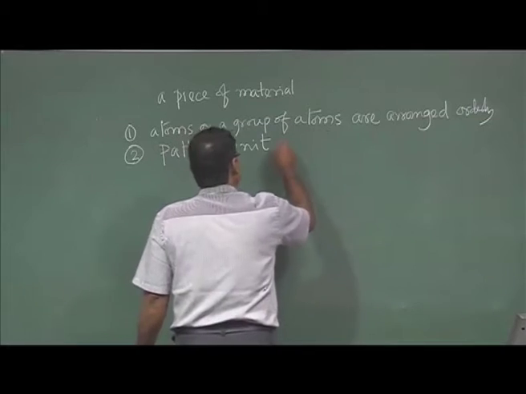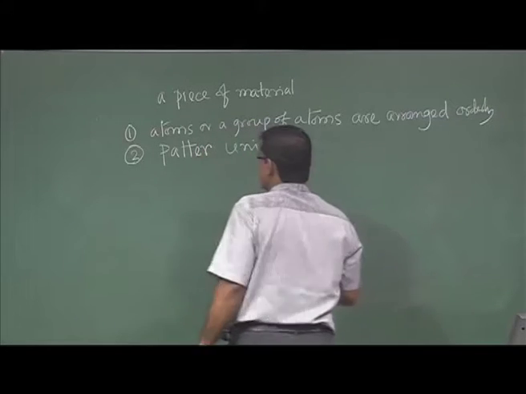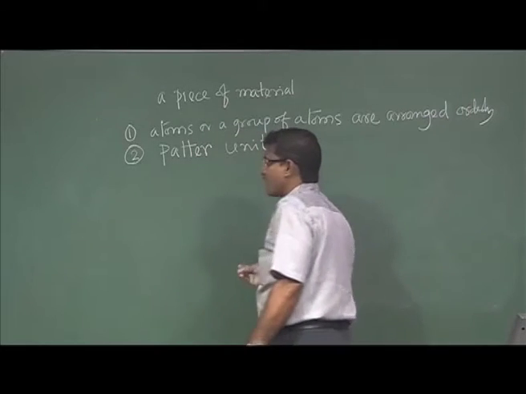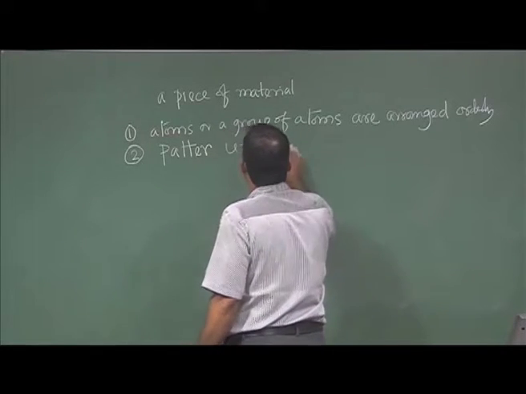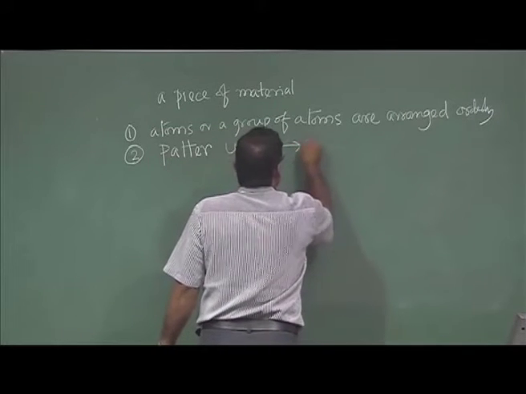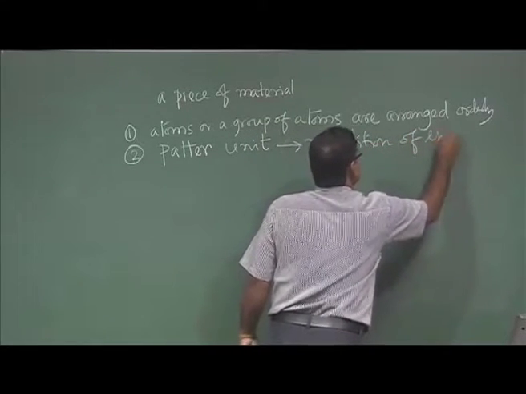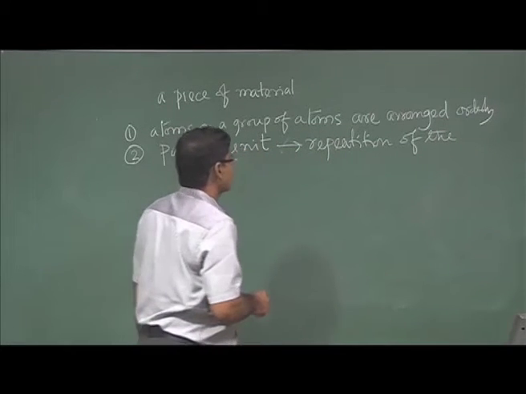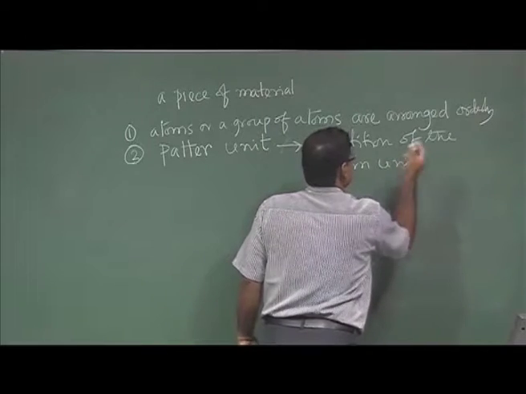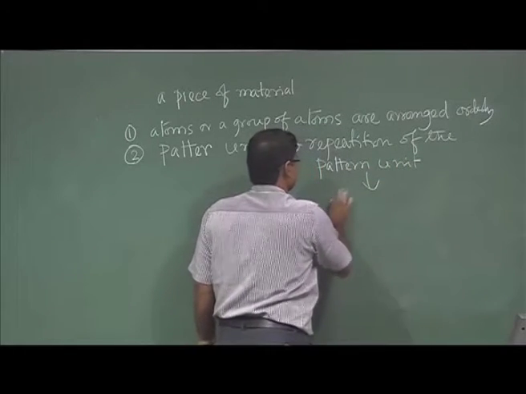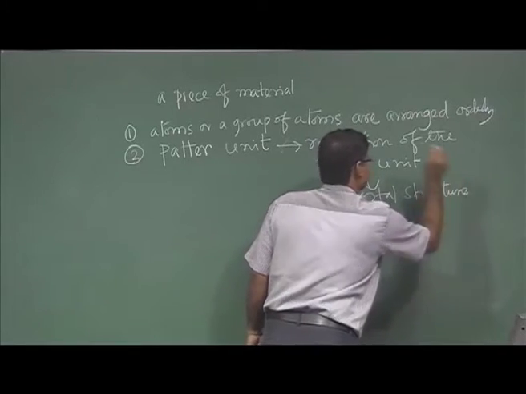As we have seen, if we know the pattern unit of a crystal then we know everything about the structure of the crystal, because the pattern unit contains all information about the crystal, and repetition of the pattern unit forms the crystal structure.